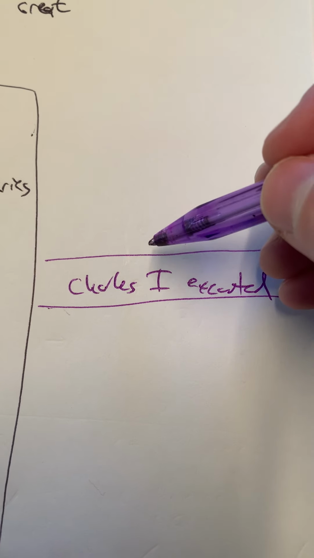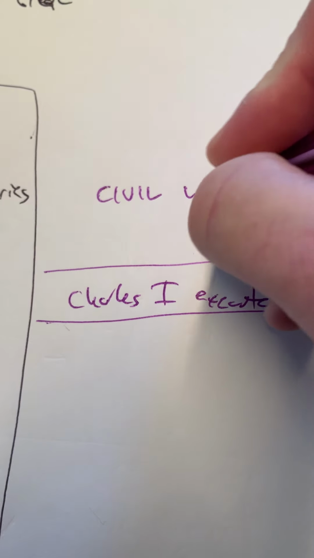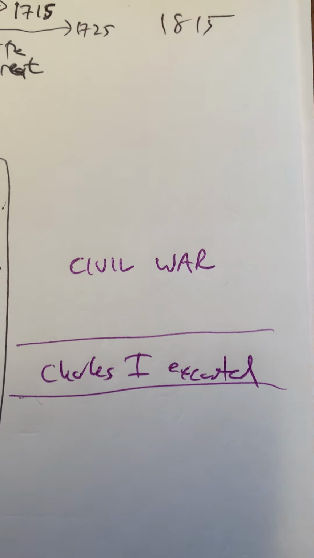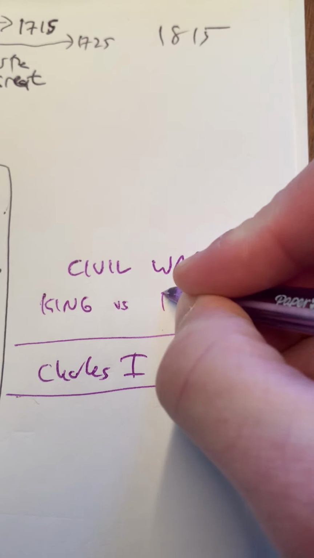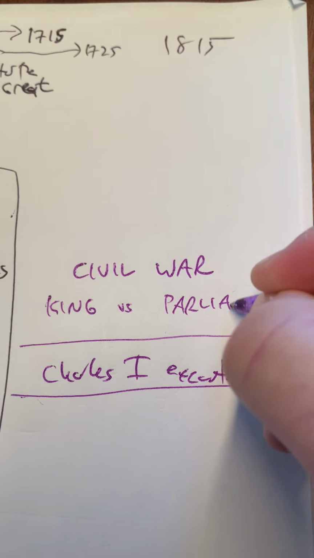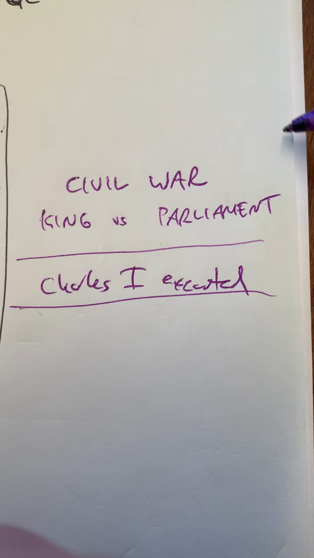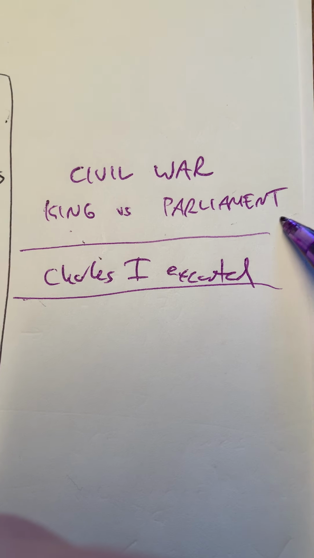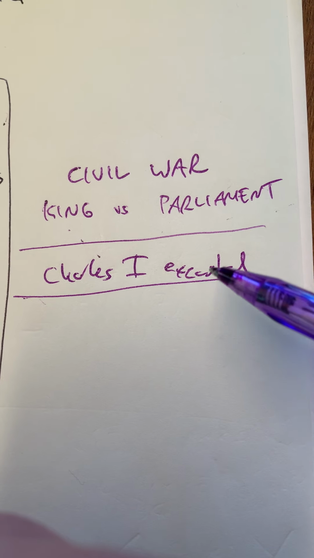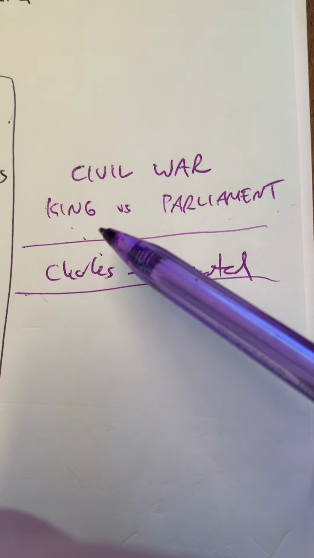I know that before Charles I is executed, there's civil war. And the civil war in England is happening, but basically between the king versus Parliament. This gets really complicated, but if you're able to just think of king versus Parliament about civil war through the Glorious Revolution, it's going to help, okay?